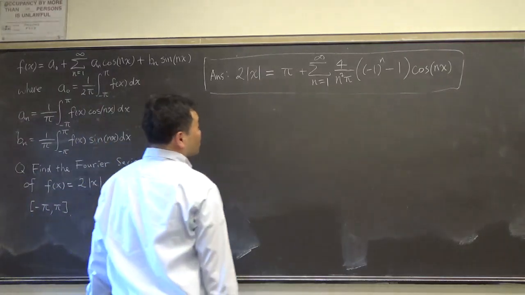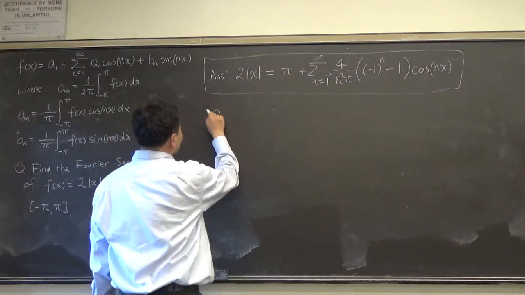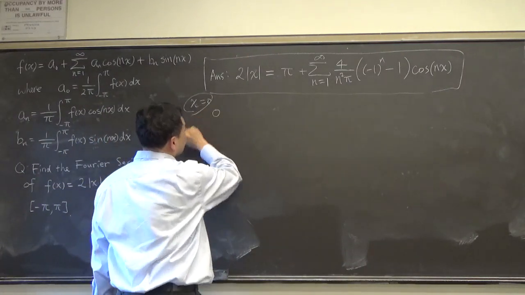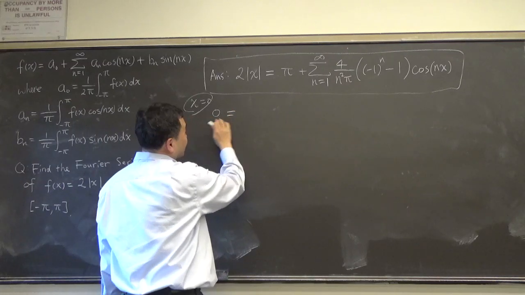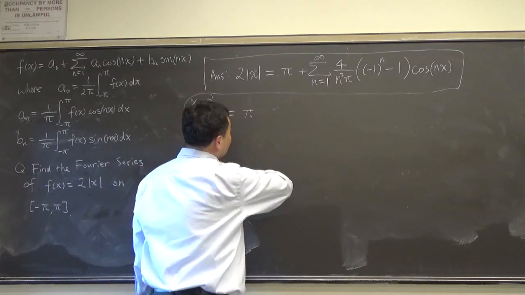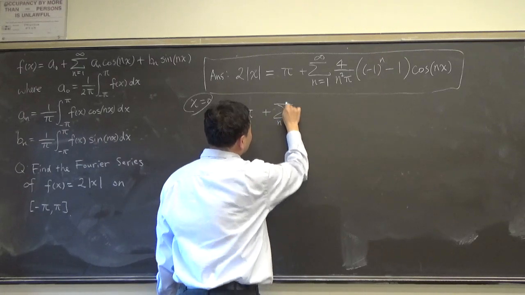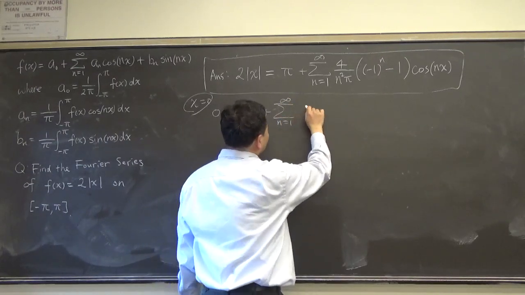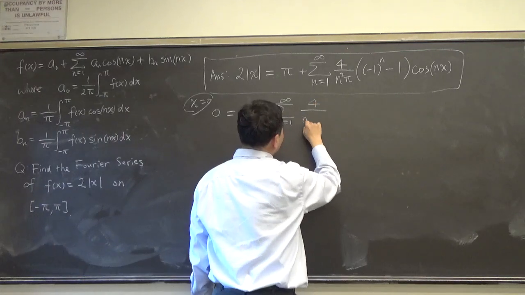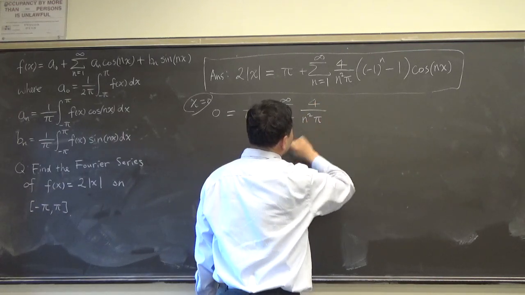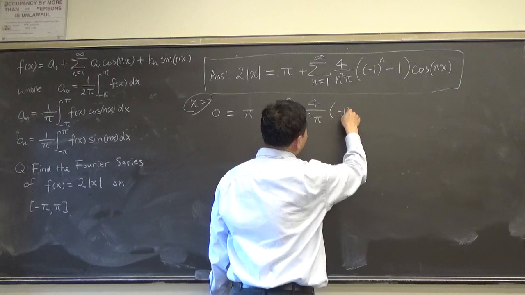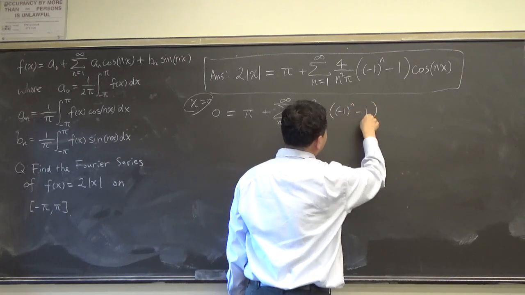With x equal to 0, you get 0 on the left side, equal to pi plus the sum from n equals 1 through infinity of 4 over n squared pi times negative 1 to the nth power minus 1.